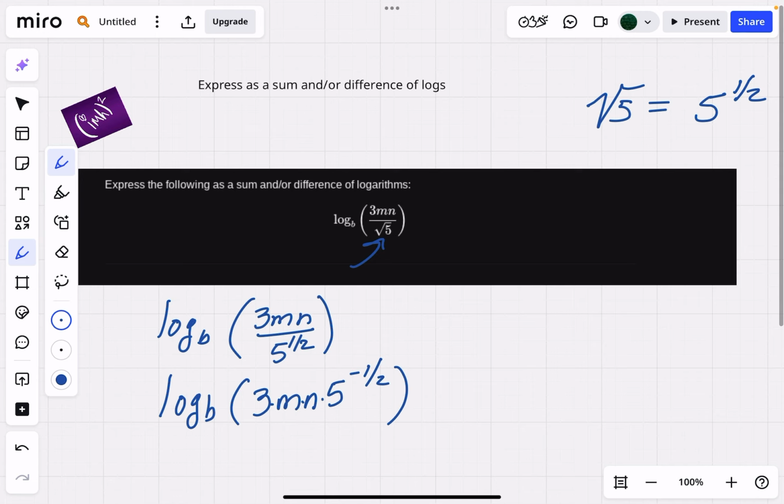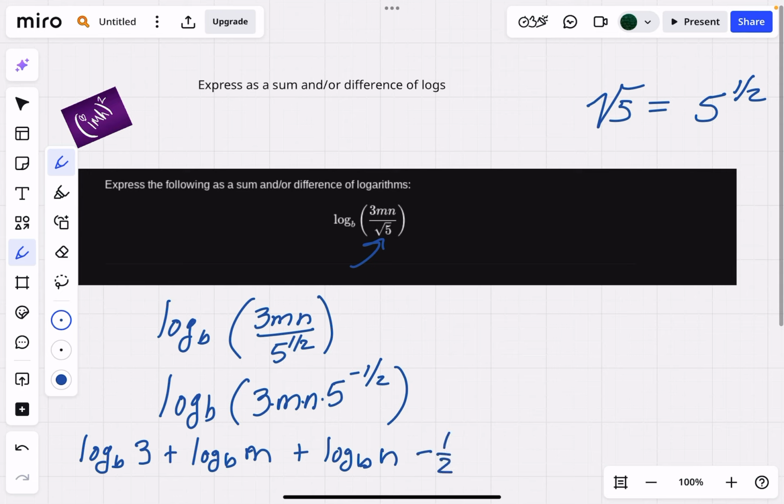So let's rewrite this and just make sure that you don't miss anything. Make sure you have your base b. So we have log of 3, and then add to it log base b of m plus log base b of n, right? And now this is slightly different. We'll have subtract the half, right?